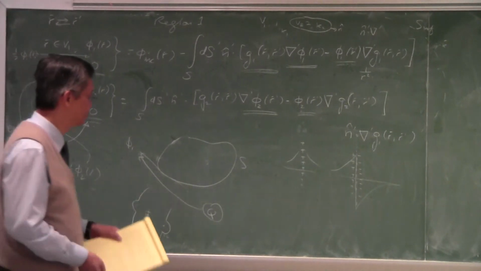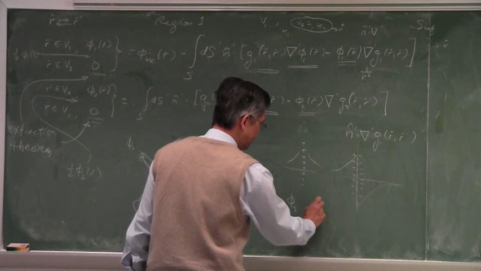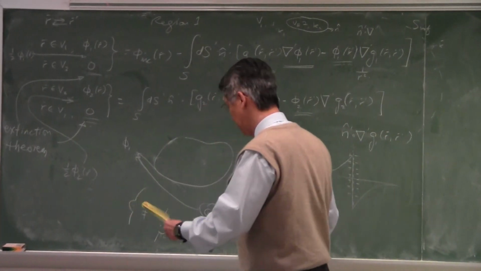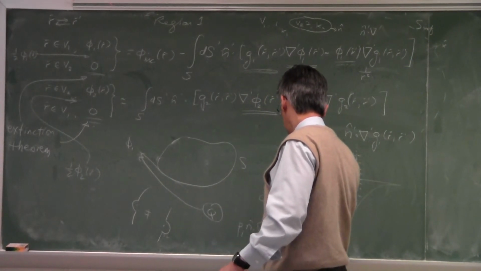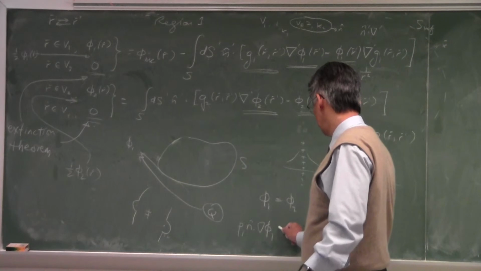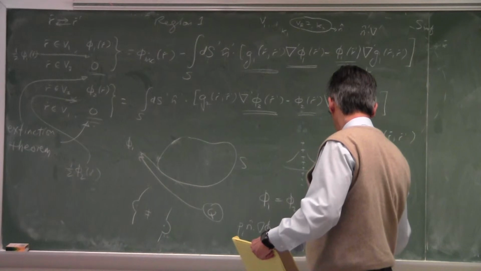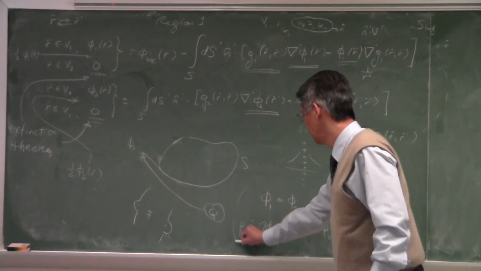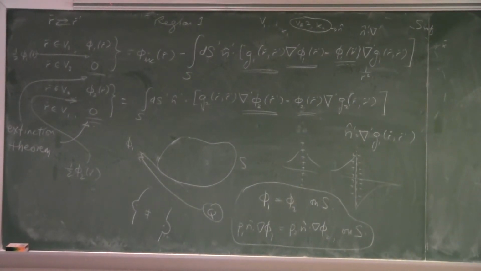For this kind of scalar problem, usually phi1 equals phi2 on S. And then you might have another boundary condition like the normal derivative of the potential or the monolayer source on S. And then with these 2 boundary conditions, you have 2 more equations, 4 unknowns and 4 equations now.